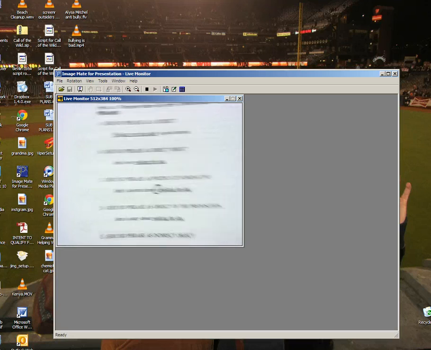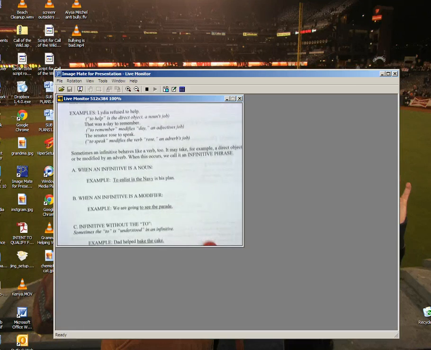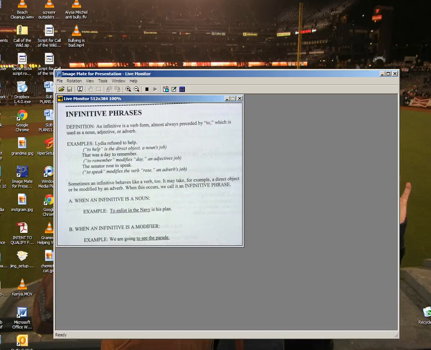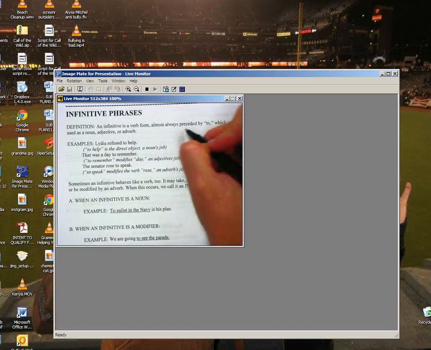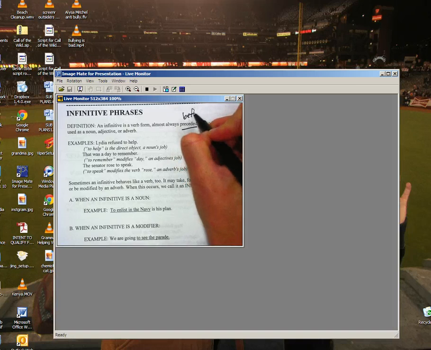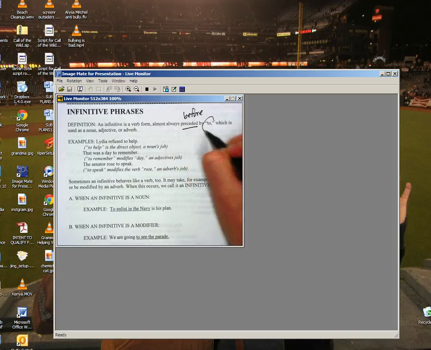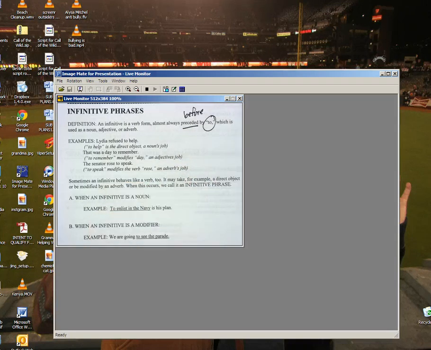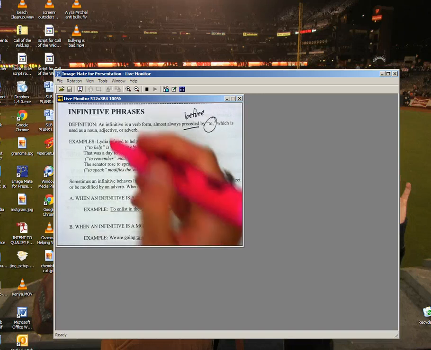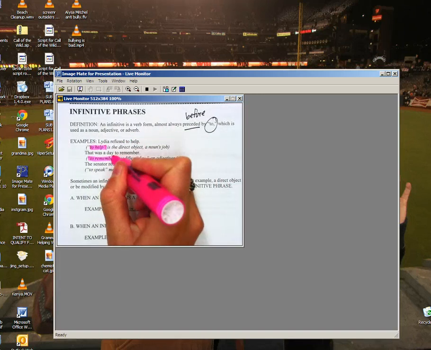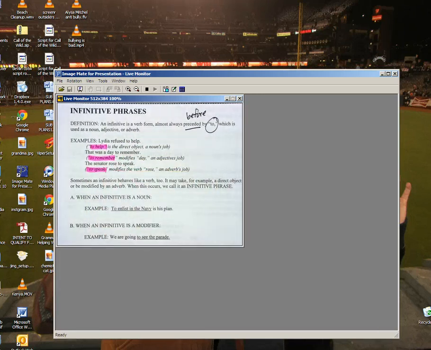All right, moving on to the next one we have here, infinitive phrases. Infinitives are also super easy to find because they're a verb that's always preceded, that means before, by the word to. So if you look over here in our notes, to help, to remember, to speak.